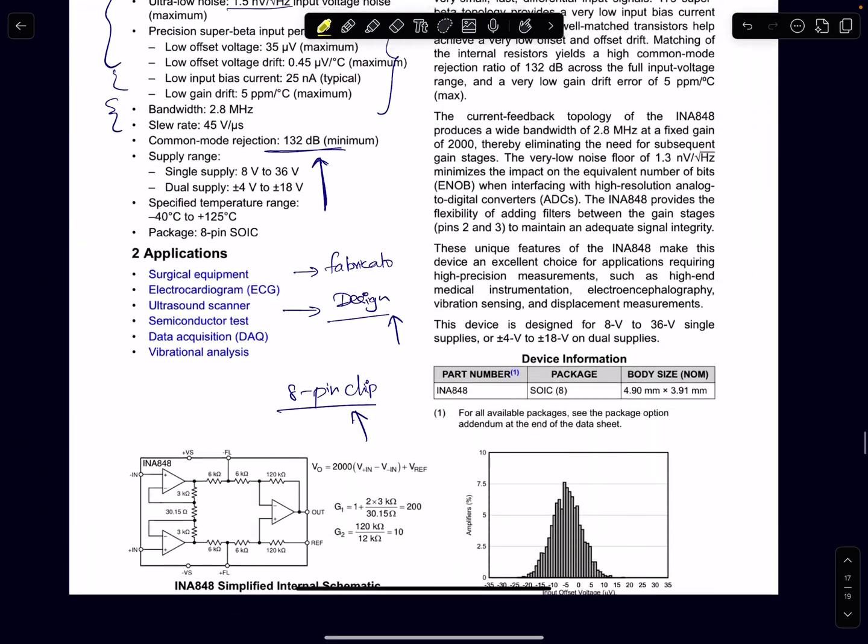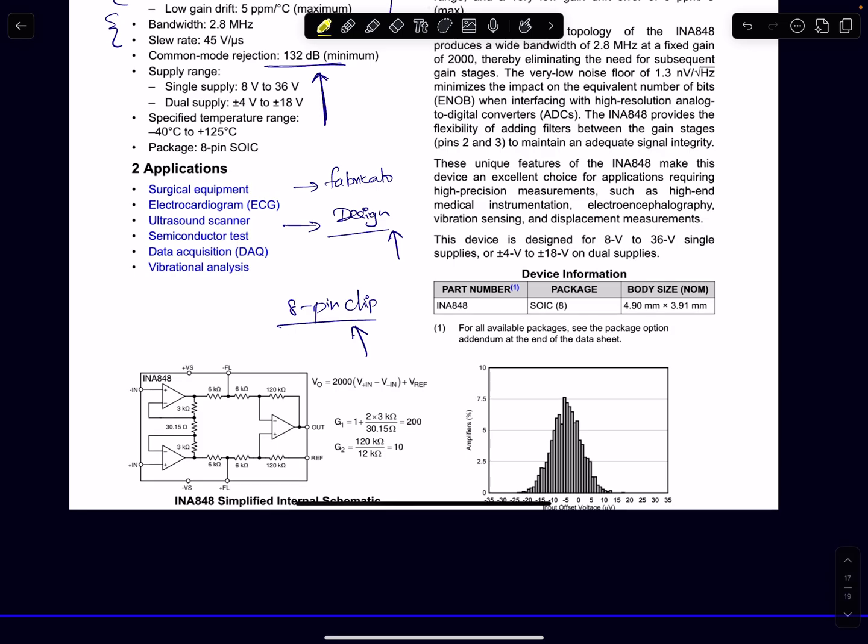If you look at this design, this is one of the previous chips that we were looking at. This is a fixed gain differential amplifier with a gain of 2000. The first stage gain is 200 and the second stage gain is 10, almost 20 times smaller. The second stage gain is almost 20 times smaller compared to the first stage.